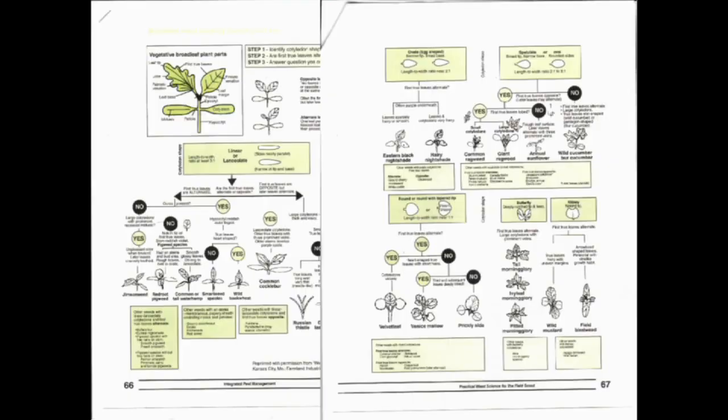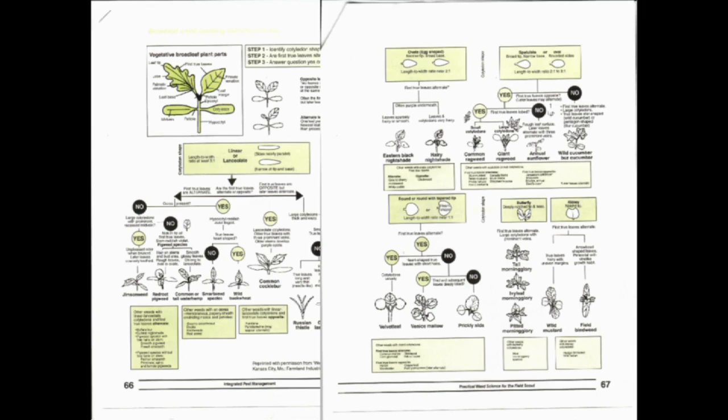So let's go back to our key, and again we're going to go to this page right here and look at our cotyledon shapes. If you go to page 67 and look at the lower left-hand quadrant, it says round or heart-shaped.